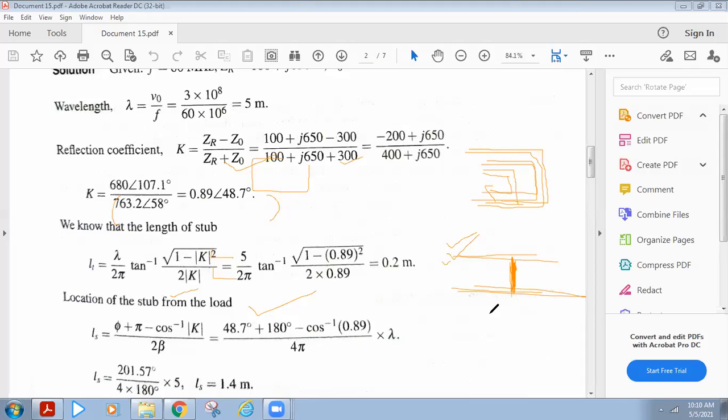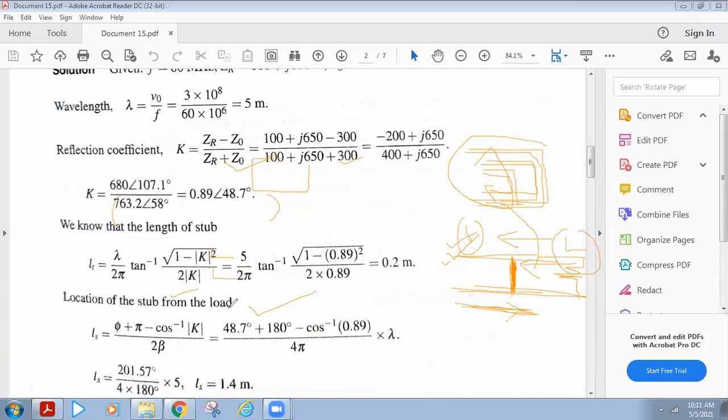Next, where exactly is the stub located in this transmission line? For that purpose, the location of the stub from the load is always calculated in the load to source direction.